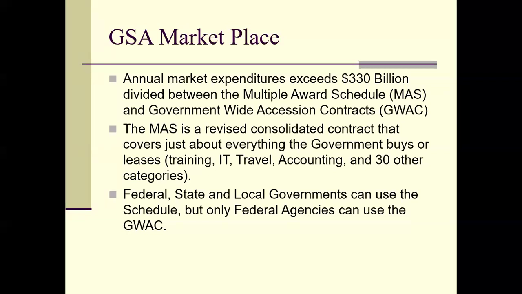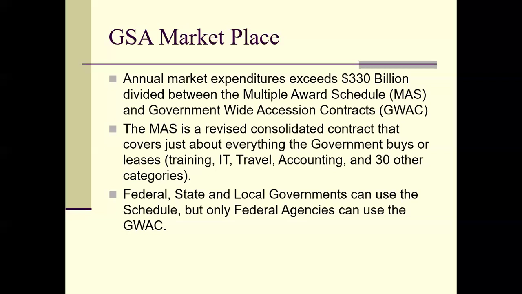So you can get that and make that happen. So the MAS contract really supports everything that the government buys or leases. And it includes training and IT and travel and accounting and 30 other different categories within those 12 major categories that I talked about just a few minutes ago.